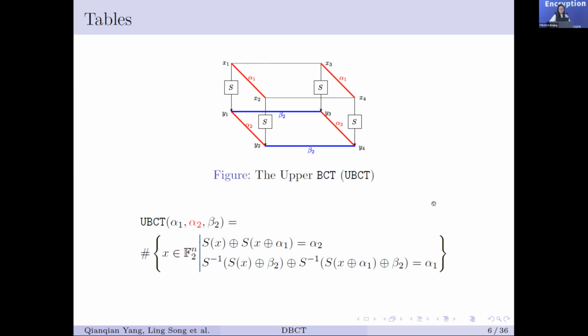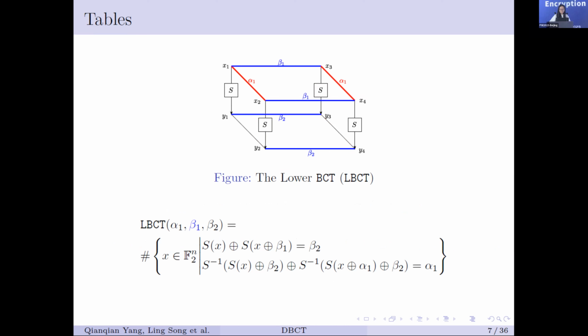Compared with BCT, the UBCT has one more condition in the upper pass. So UBCT(alpha1, alpha2, beta2) satisfies 3 conditions.